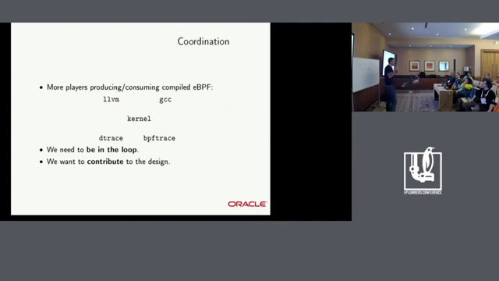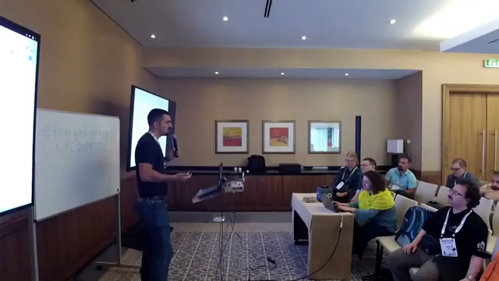And I heard yesterday in the bpftrace session that they also want to start generating compiled BPF themselves. So I think we need to coordinate somehow for two reasons. One, particularly as the maintainer of the BPF support in GCC and binutils, I need to be in the loop. I can run after you, but that's not going to work very well.